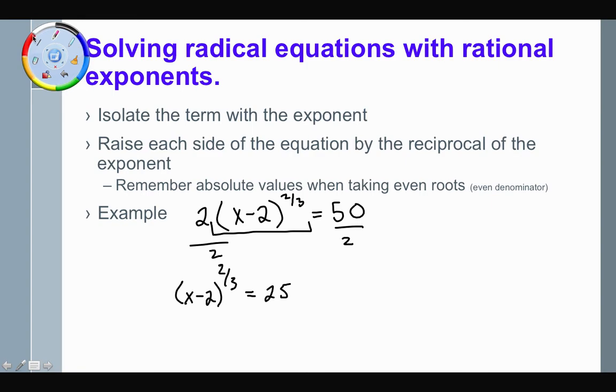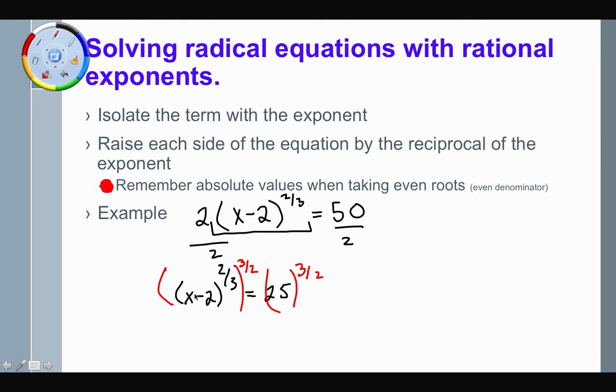So here is the new piece. We're going to raise both sides by the reciprocal of the exponents. In this case it is 3/2 and 3/2. Now, this piece right here comes into play. When you take the even root, you must deal with the absolute value of the variable side.